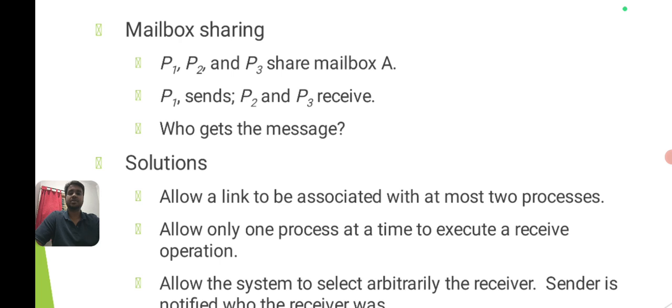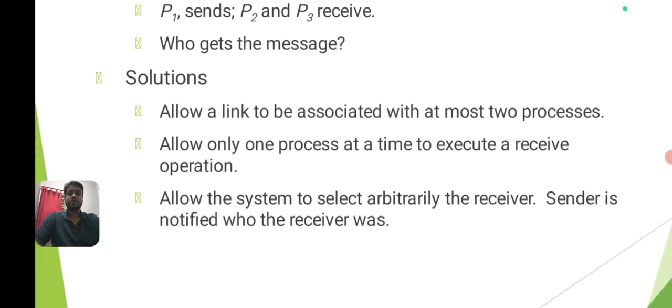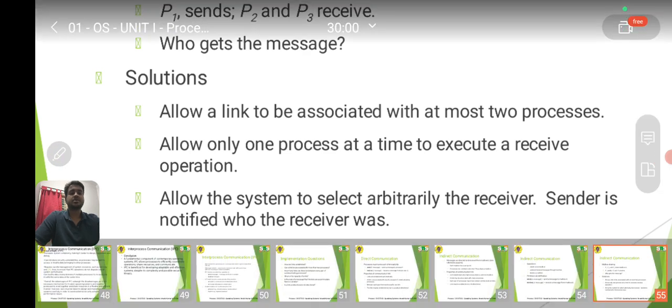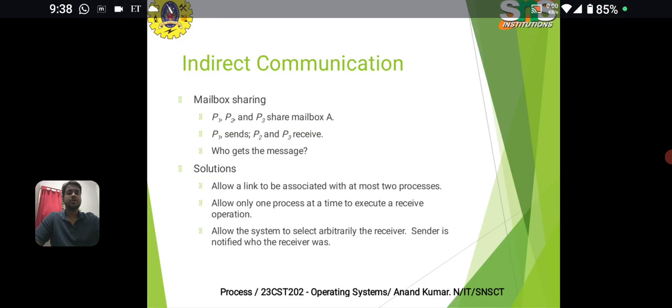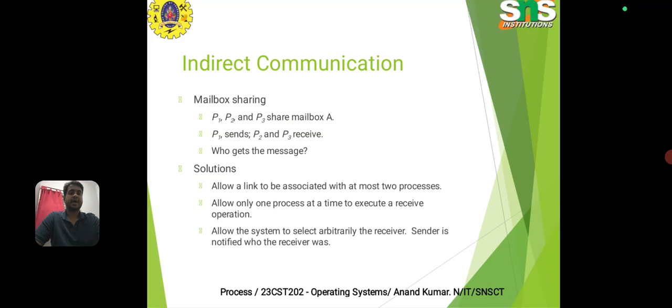Who gets the message? That's the question. Coming to the solutions: allow a link to be associated with at most two processes, allow only one process at a time to execute a receive operation, and allow the system to select the receiver arbitrarily. The sender is notified who the receiver was.